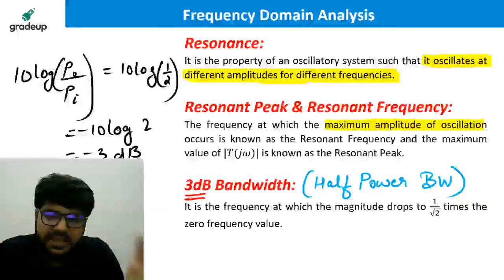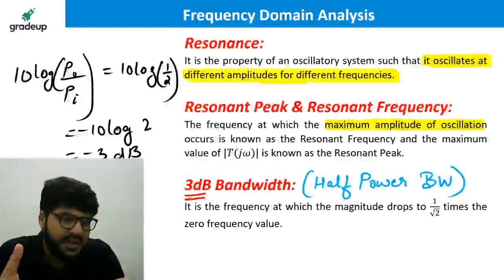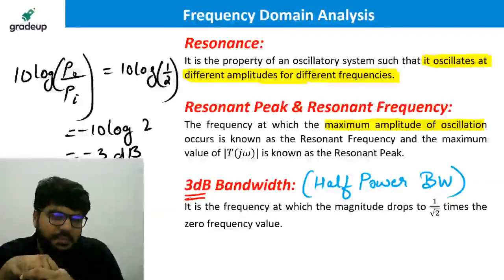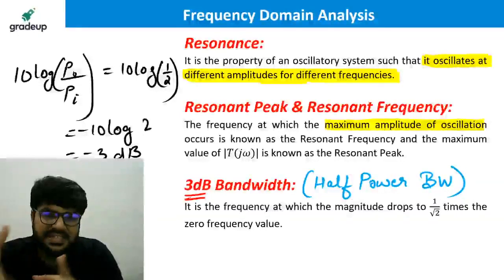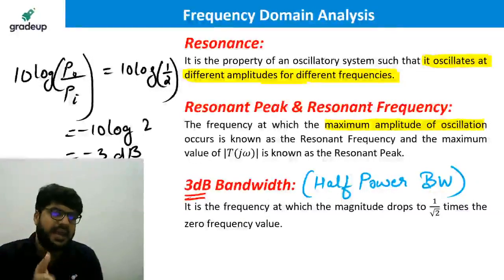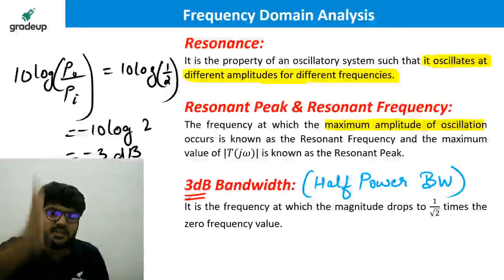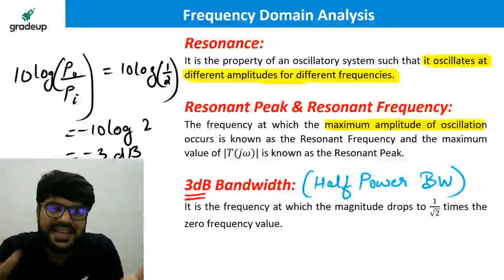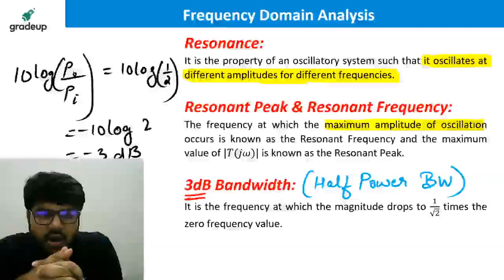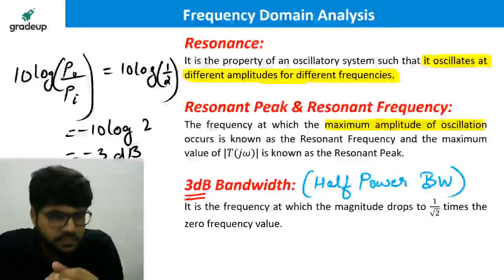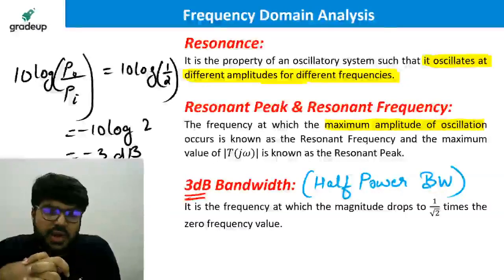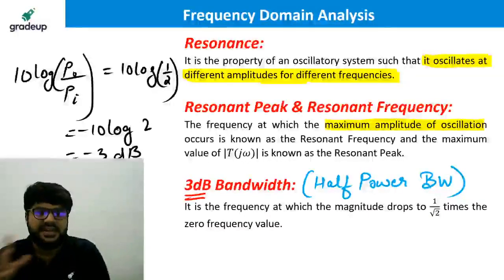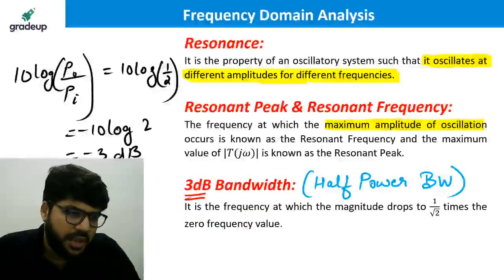What actually the concept is, what is the meaning of decibel, how all this is related, I will describe once I start the Bode plots. Everything about the decibel scale, because magnitude on the Bode plot is sketched on the decibel scale. So you need to know what is decibel, what is the importance of log, how to deal with log, why we take log, and how Bode plots will simplify by taking log. All such considerations I will do once I start the Bode plots.